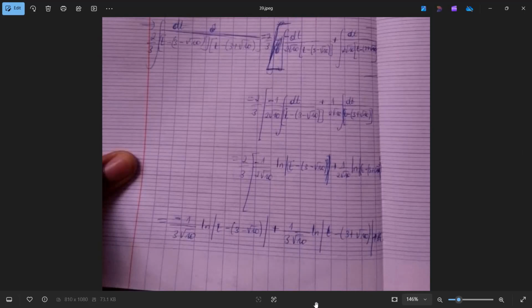You have to factorize all this. There is 1 on root 10 here, which is common. 1 on 3 root 10 here, which is common. You factorize it outside.